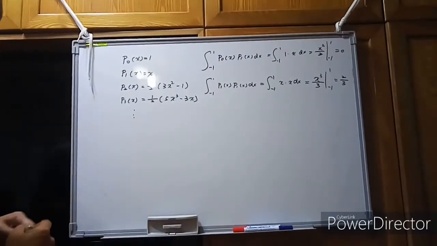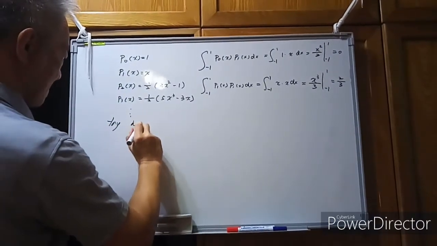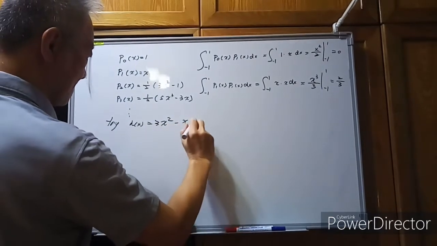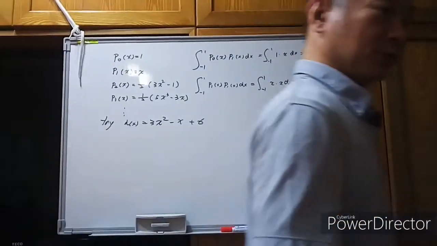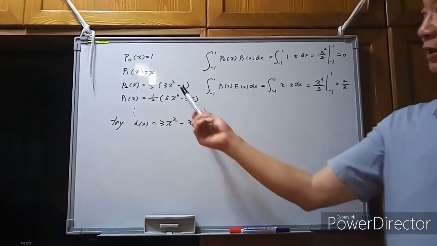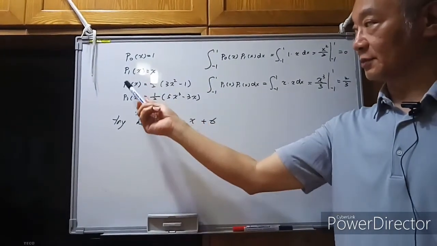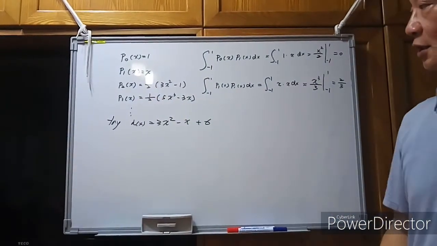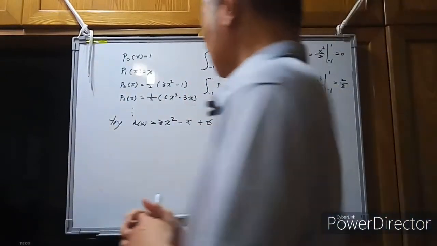Okay, let's try. It is an arbitrary polynomial function, and how can we express this function by a linear combination of P0, P1, and P2, with the 3x squared?